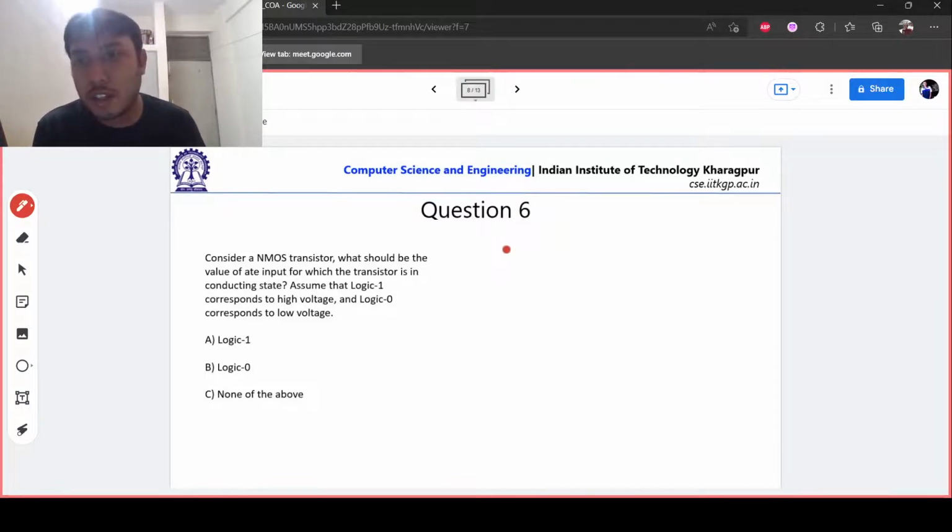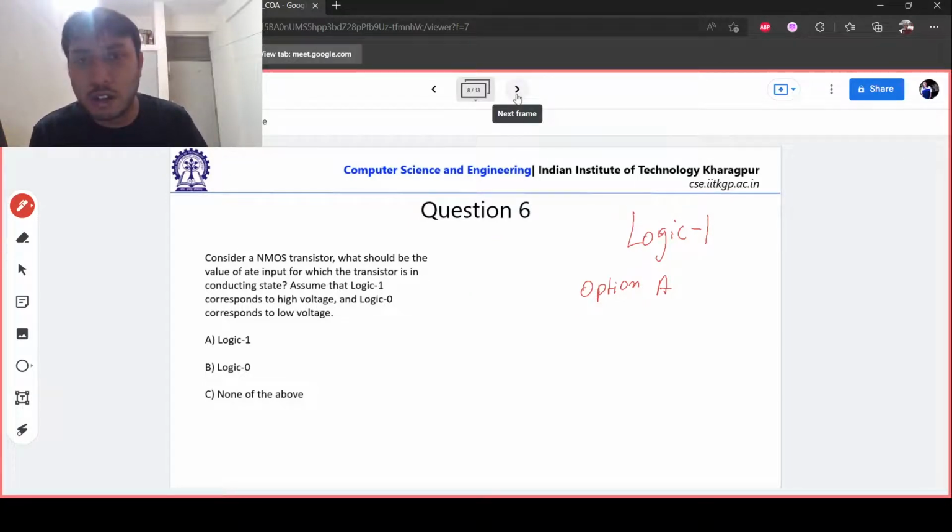So the theory says if the transistor is in conducting state, the input to it should always be logic 1. So the correct answer is option A. So this is a bit theoretical.